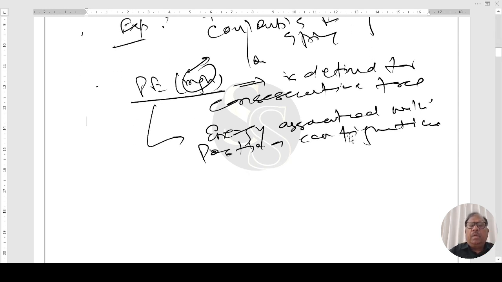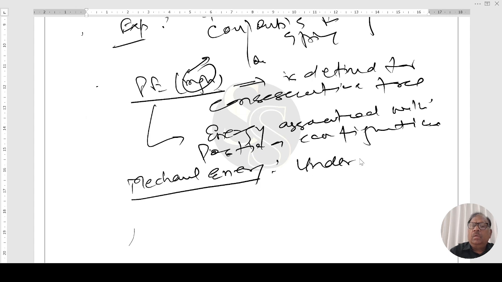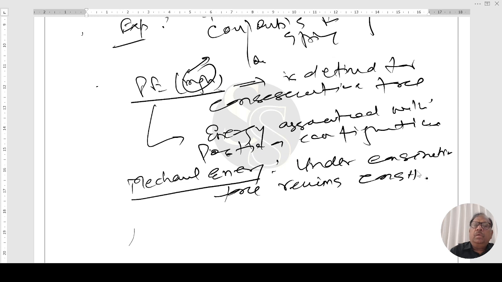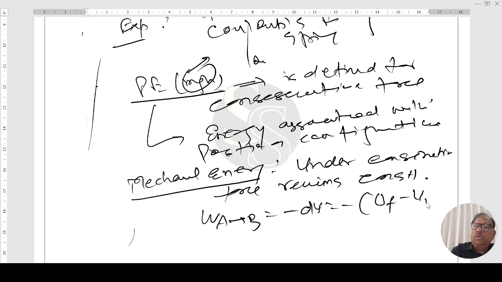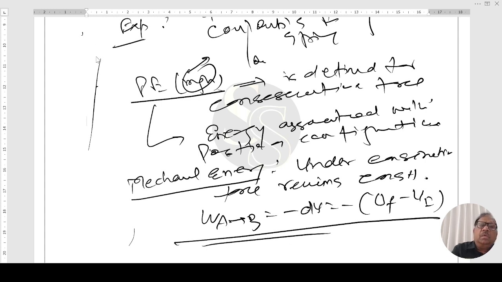Potential energy is defined, and mechanical energy under conservative force remains constant. W from A to B, work done, is equal to minus dU, that is minus (U final minus U initial). This is regarding conservative forces, work done, potential energy, right?